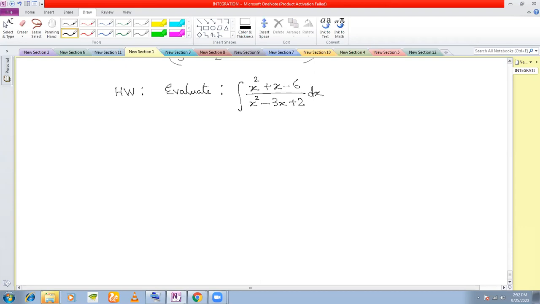Okay. If you see here, the degree of the numerator and degree of the denominator is also same. Even here you can divide. Okay. So you will get, see whether you get till this step.